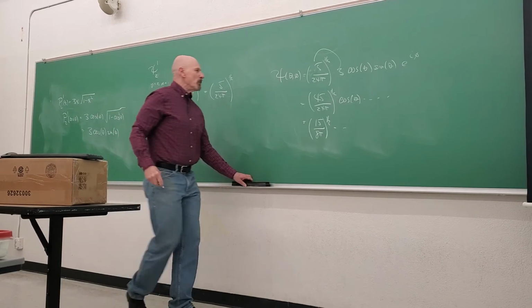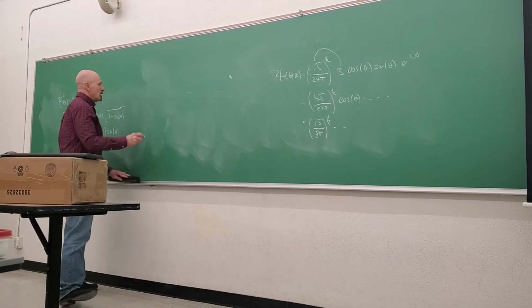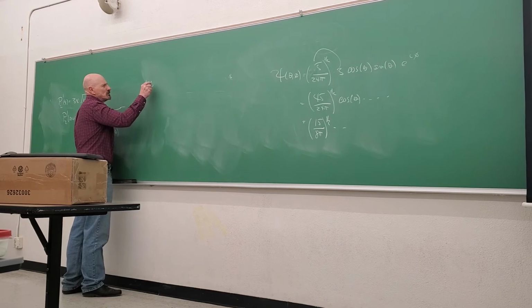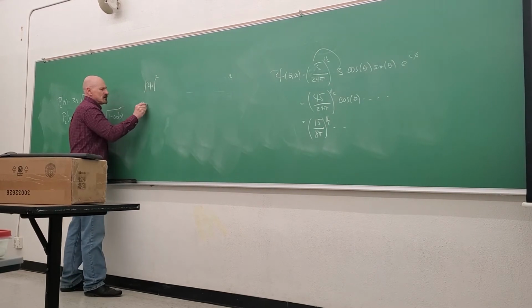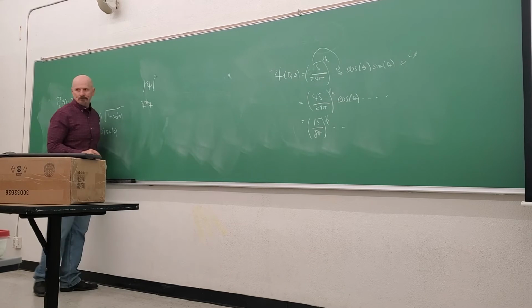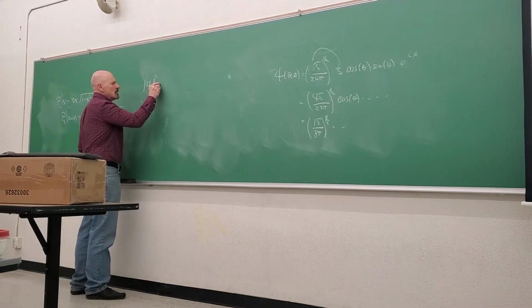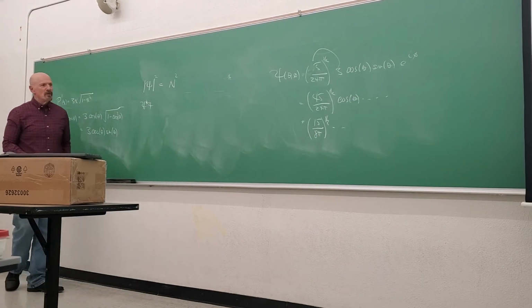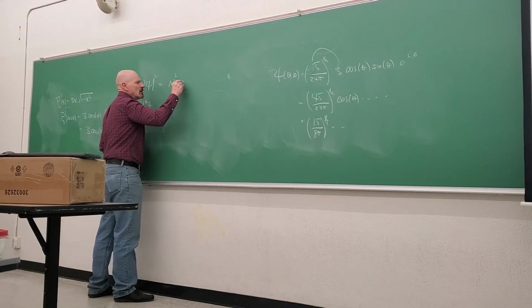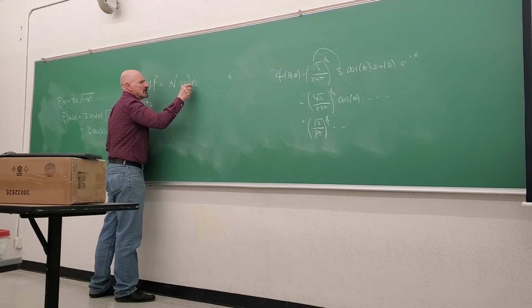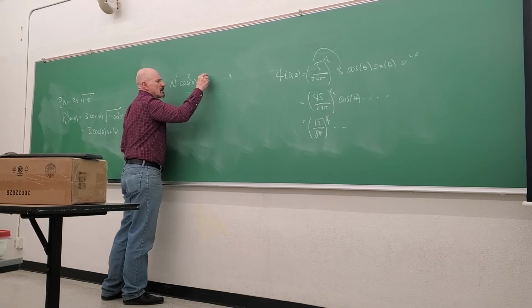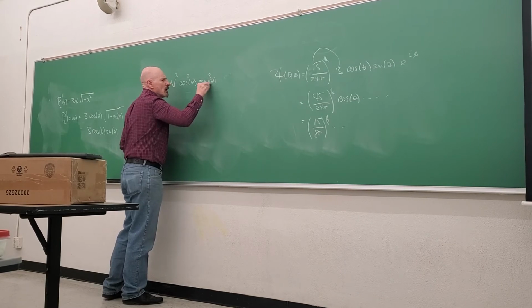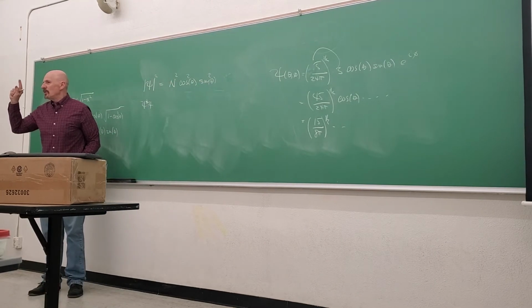So the most probable position will be the absolute value squared, or psi star psi. That gives me a probability. This is going to be N squared. I won't bother to put in that number. Then I'm going to have a cosine squared theta, sine squared theta, and really, everybody's attention, we are in spherical space.